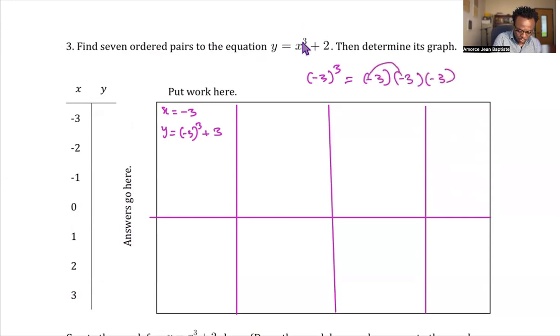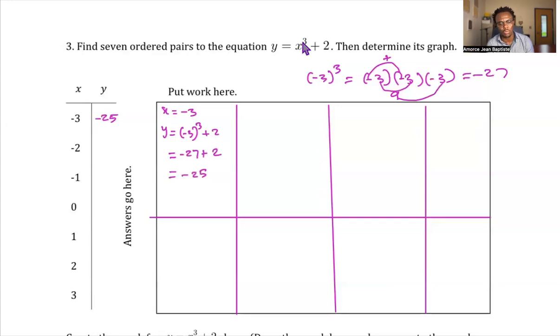Negative times negative is positive, and 3 times 3 is 9. So that's +9. +9 times -3 would be -27. So that is -27 plus 2, so that is -25. So x equals -3, y equals -25.